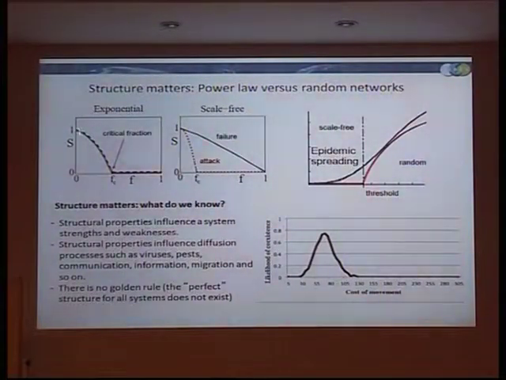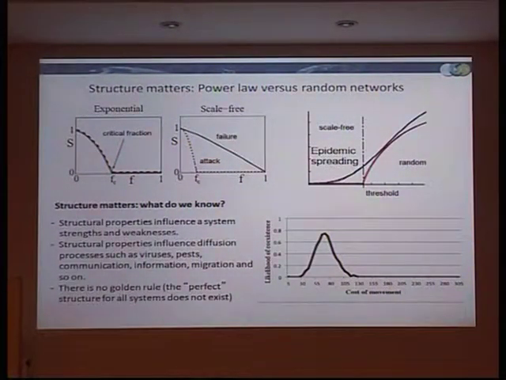Now, you know what a giant component is? In a network, a giant component is basically the biggest size, in proportion, of the network that is all connected. So if it's 1, everything is connected to everyone, or you can reach every node from any other node. Okay, and so this is the proportion, and this is the fraction of nodes I start taking out.